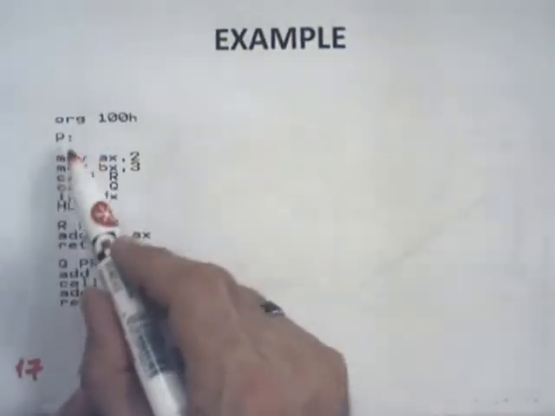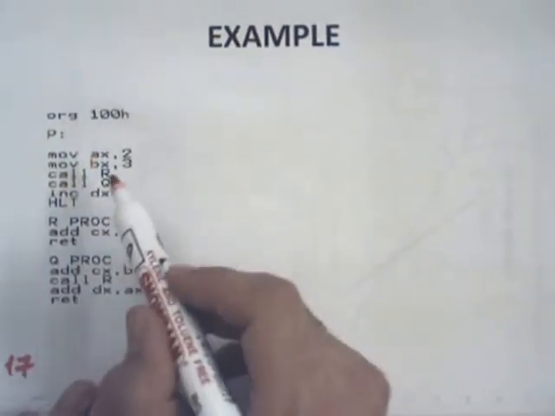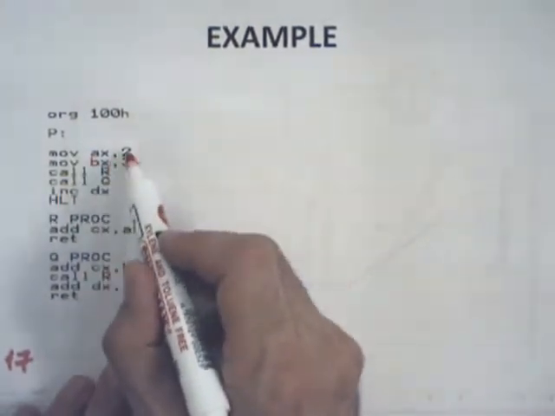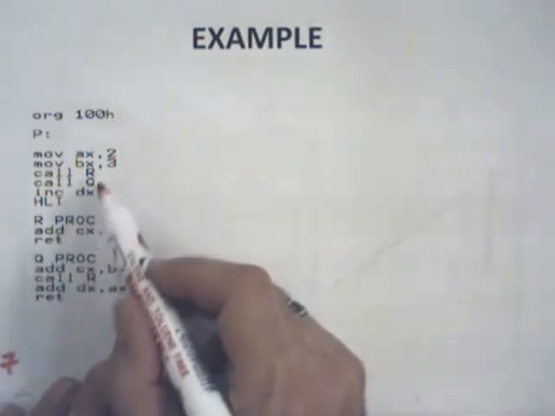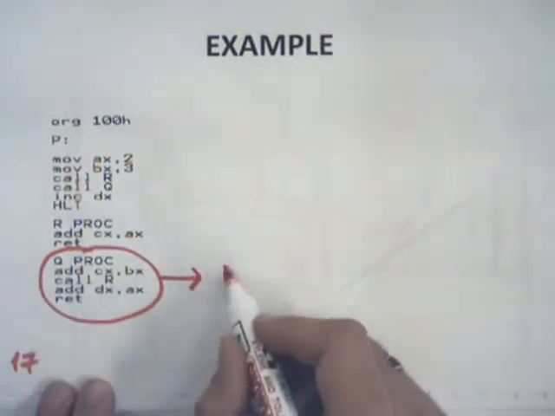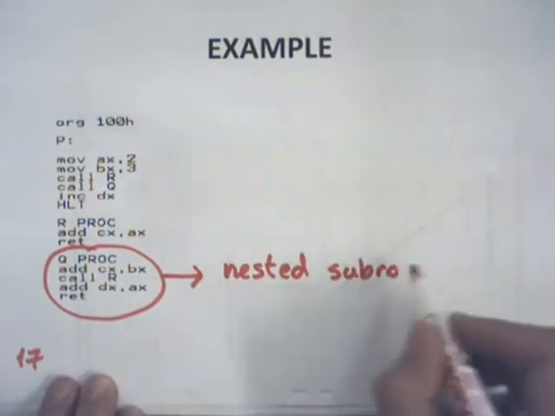An assembly listing for 8085, 8086 or emulator 8086 program can be like this. P and R and Q may have some values moved or stored in AX, BX registers. R can be something here, adding something, doing some operations on these registers. Q is a nested subroutine pair.